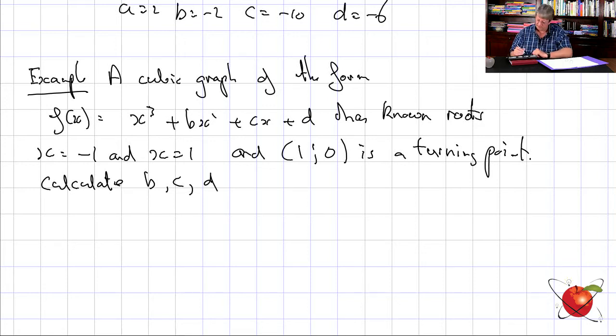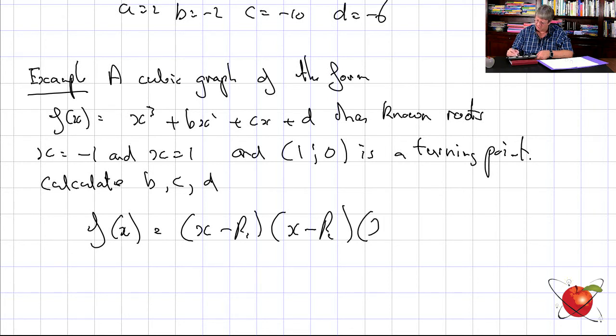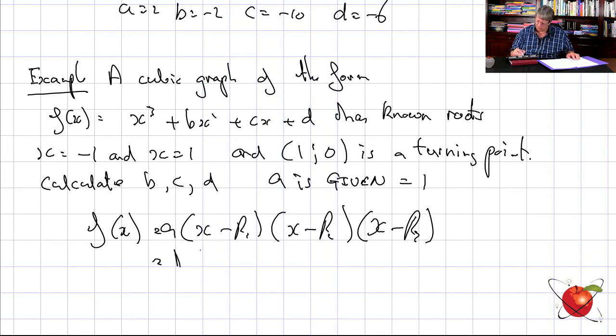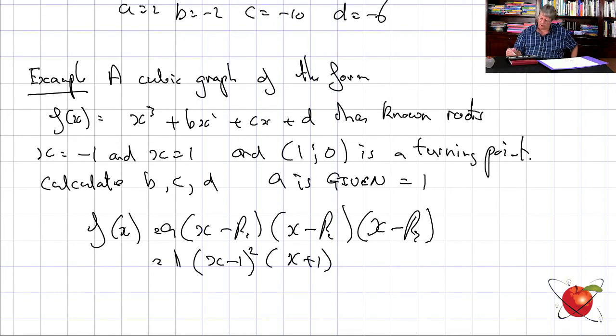Okay. So what do we know? Once again, we can start off by saying f of x is equal to, because we've got here minus 1, so I'm given roots, x minus root 1, x minus root 2, and x minus root 3. In this one, once again, there's my a times it. But in this case, a is given. It's 1. So it's 1 times x minus 1, all squared, times x plus 1. Why x minus 1 all squared?